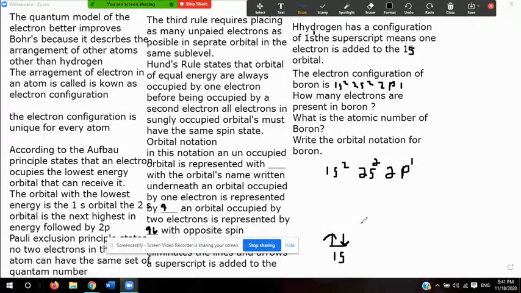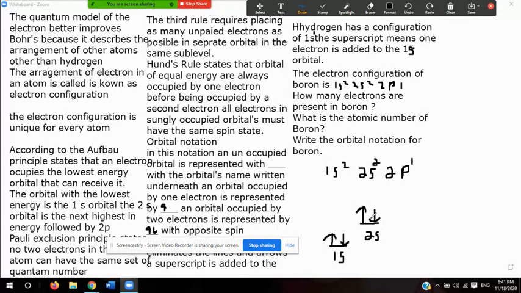Now it says 2s2, so that means that once the 1s orbital is occupied, I'm going to move on to the 2s orbital, and 2s2 means that the 2s orbital is also going to have 2 electrons, or 2 arrows in this case, with opposite spins.